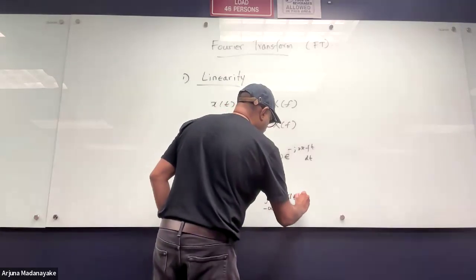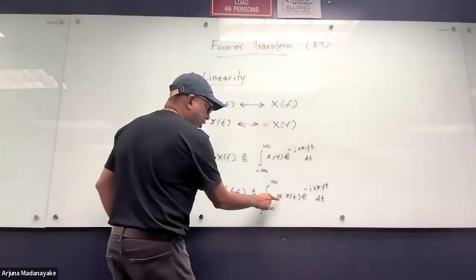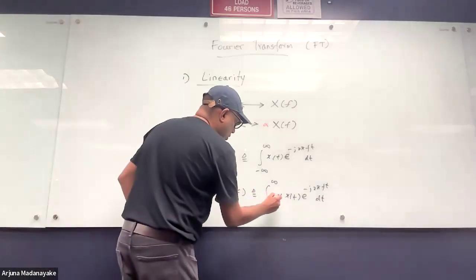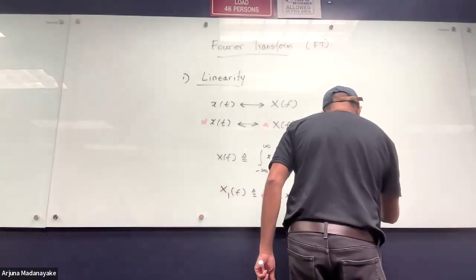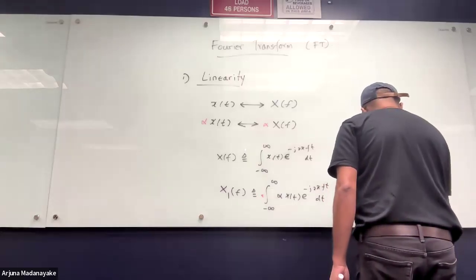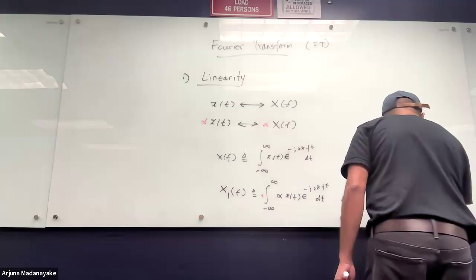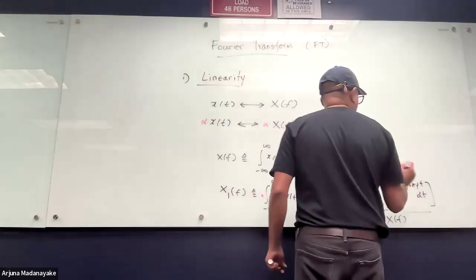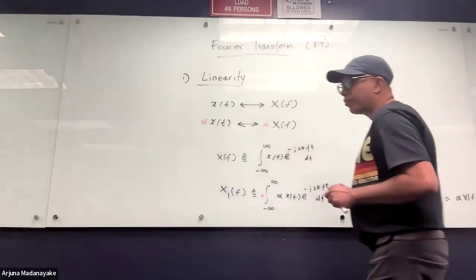Alpha is a constant, so the constant pops out. I can write the answer as alpha times the integral, and this is basically X of f. So my final answer is simply alpha times X of f. Very trivial, easy proof.